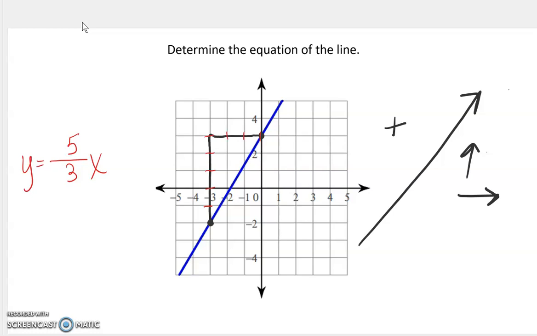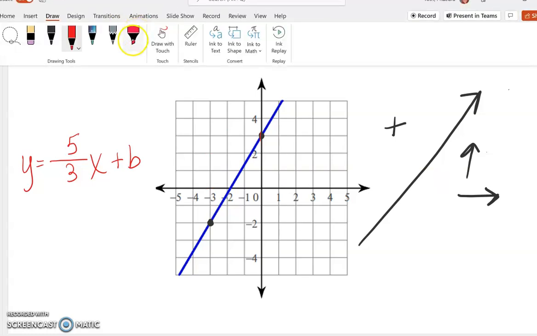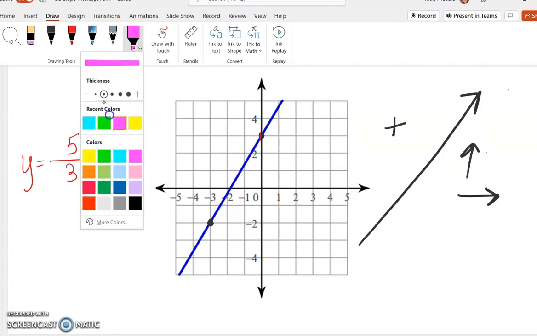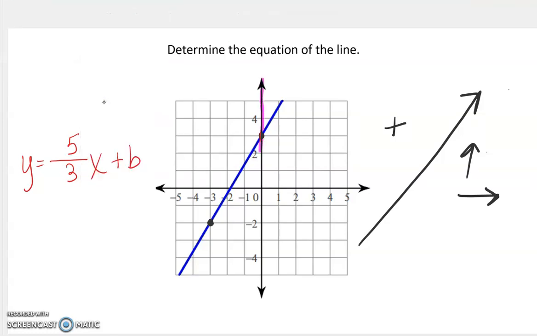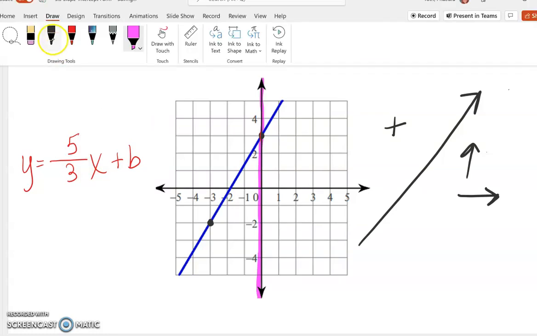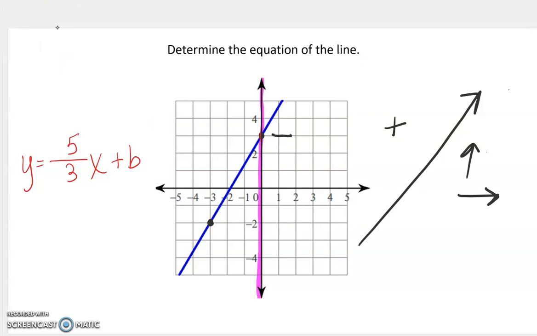Now the last thing we need to know is our b, plus b. B is our y-intercept. Ironically, I picked out a point that just happened to intersect with the y-axis, and you can see it right here, that black dot right there.